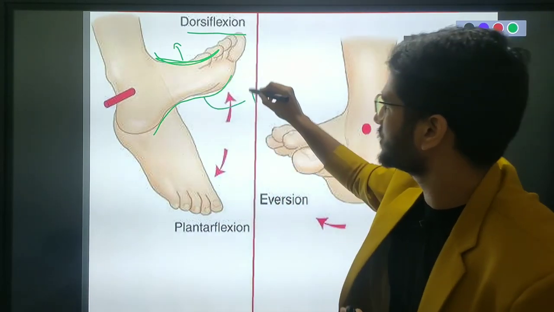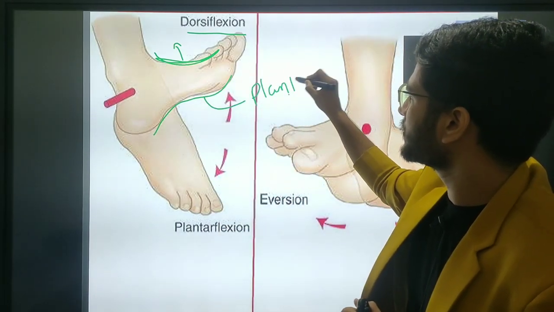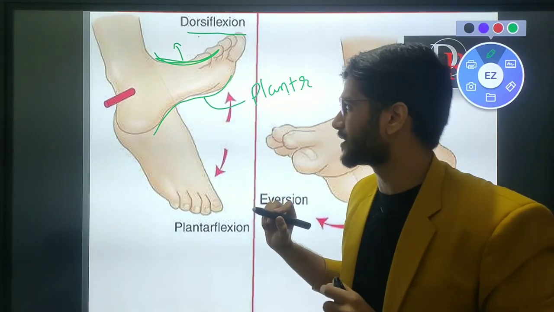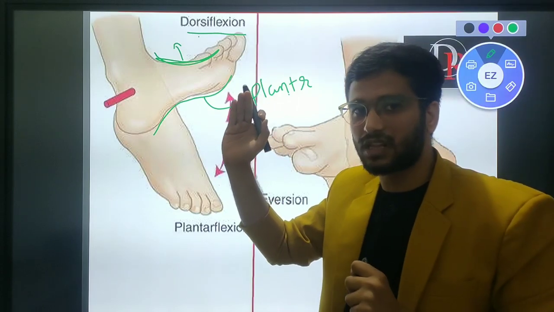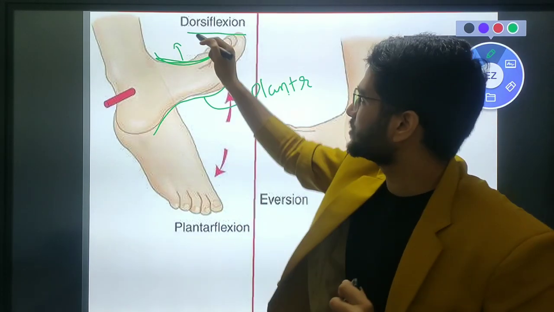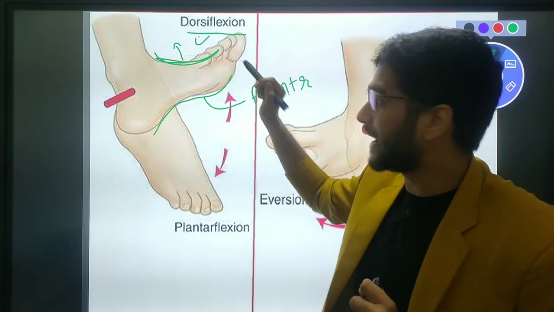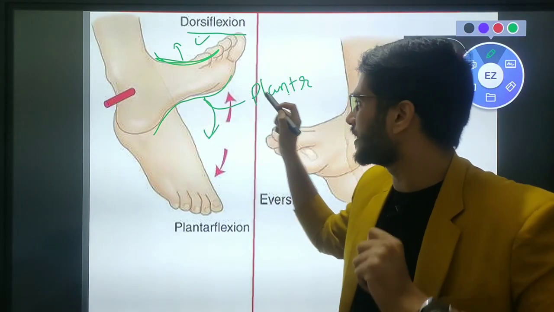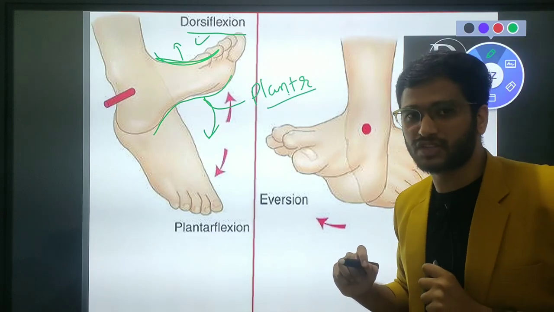So this one is the plantar surface, whereas this one is the dorsal surface. Movement of the dorsal surface towards the tibia is known as dorsiflexion, and movement far from the tibia is known as plantar flexion.